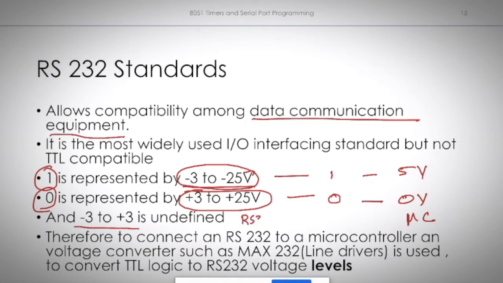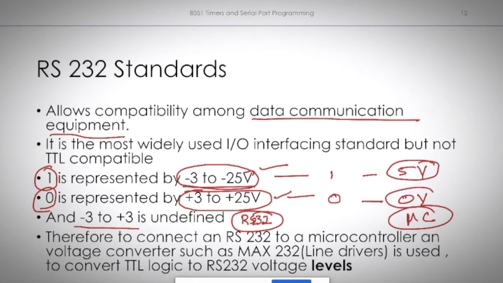So you see, there is a total difference. If I send a 1 from an RS232 device, it will never be considered as a 1 by the microcontroller. Similarly, if I send a 0 from an RS232 compatible device, that will also never be considered as a 0 by the microcontroller. This is the main problem.